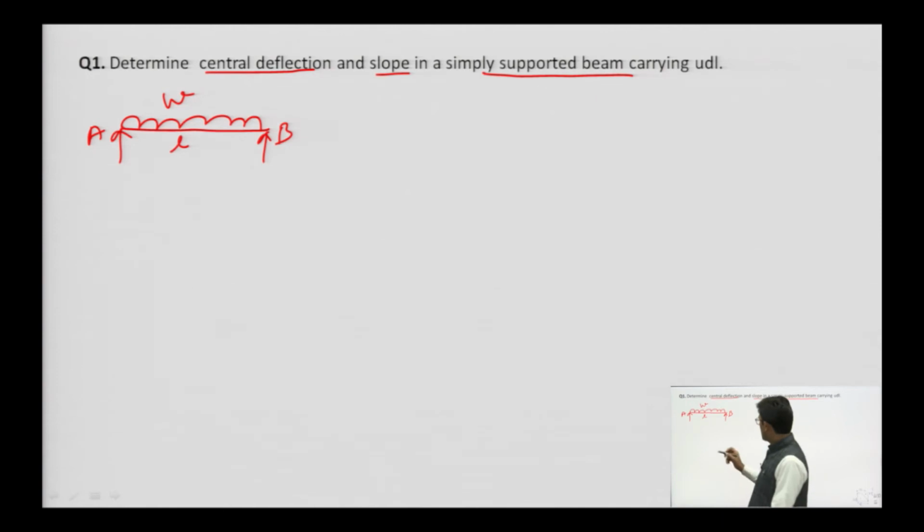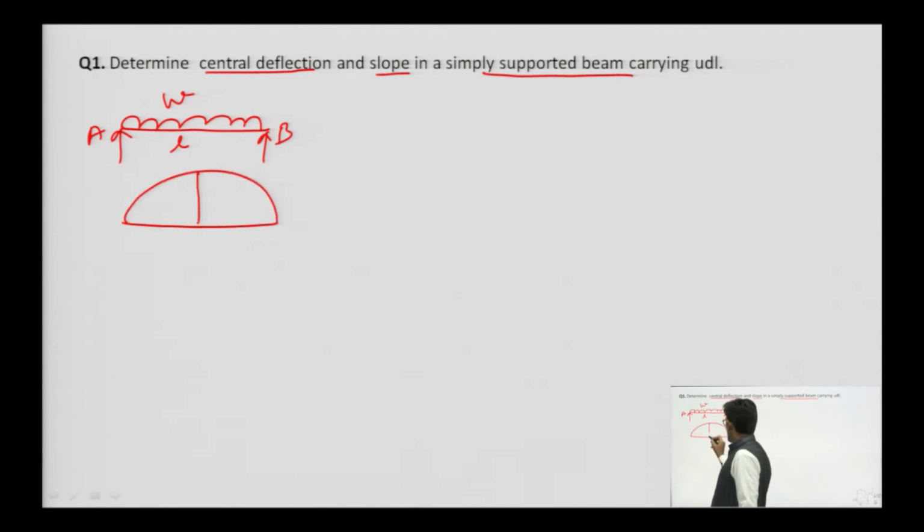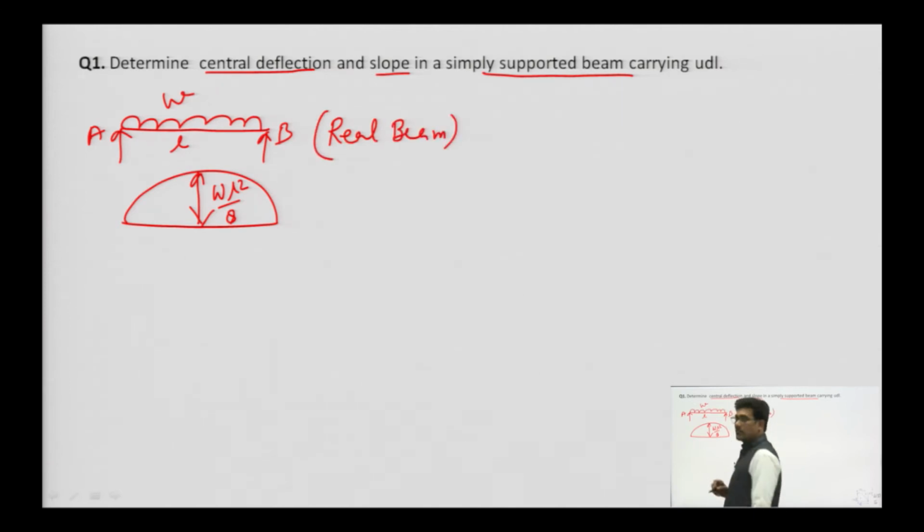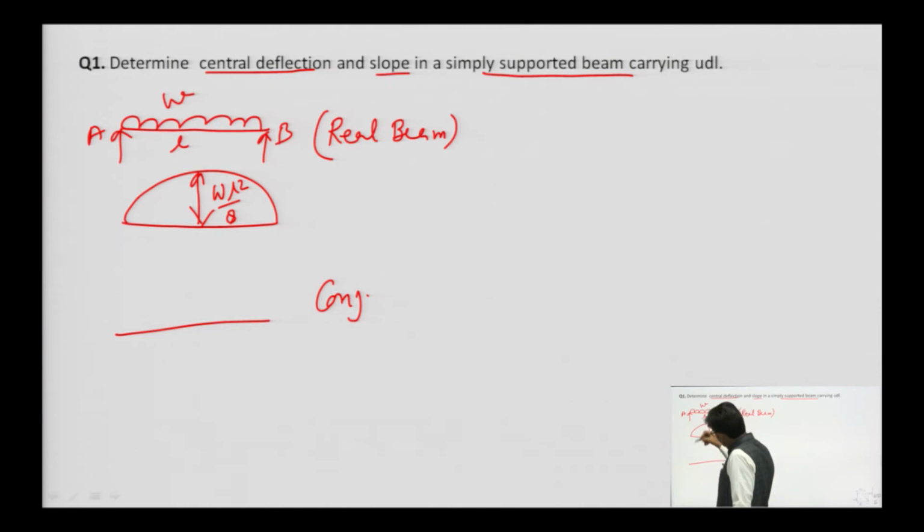What will be the bending moment? We know that the bending moment is WL square by 8 at the midpoint. So, this is the real beam, and this will be its conjugate beam.